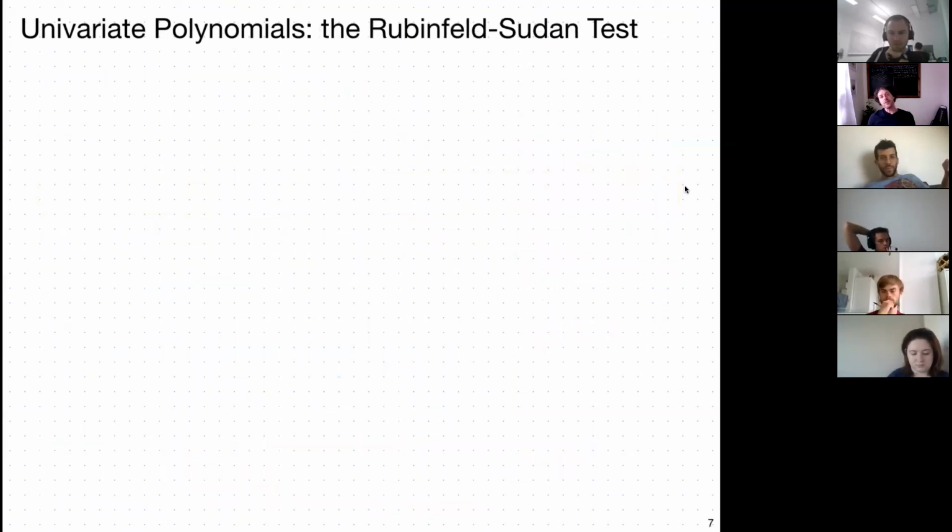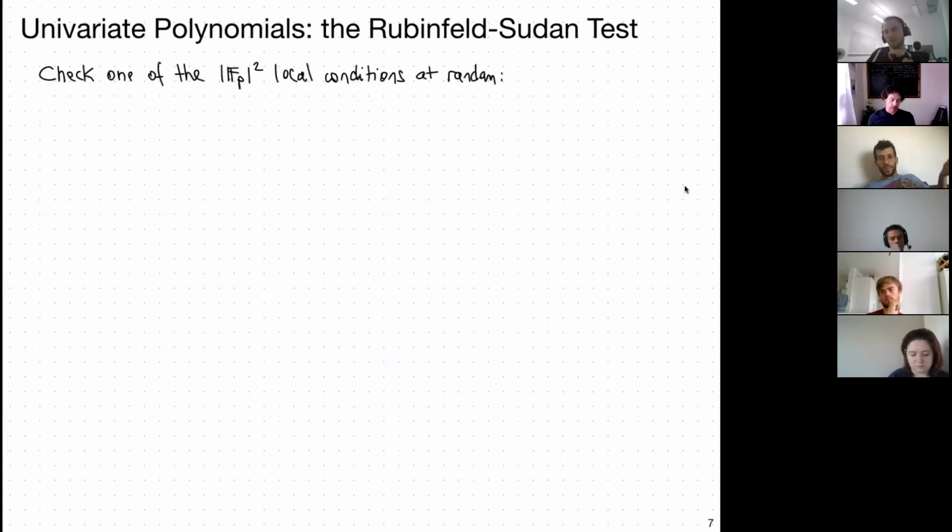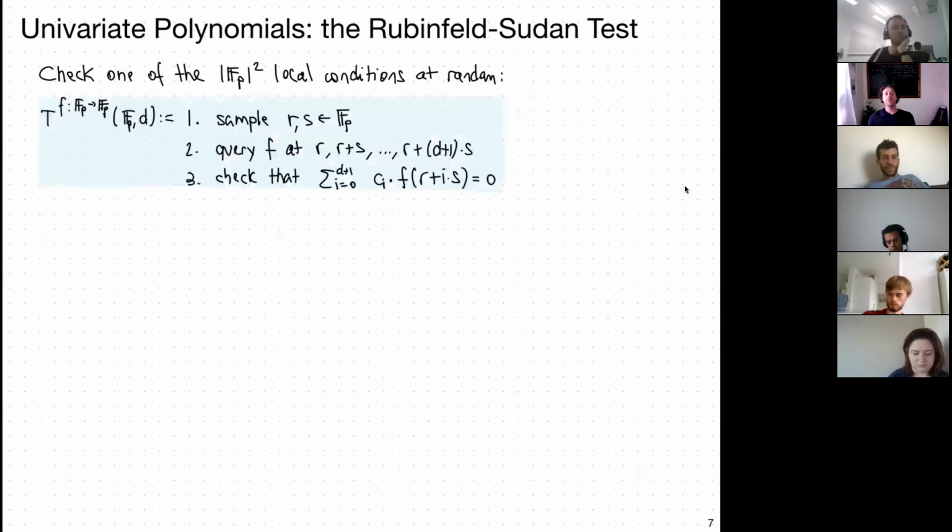So that's called the Rubinfeld-Sudan test. And what they're doing is exactly what we discussed. We're just choosing these constraints completely at random. So let me say exactly what that means.